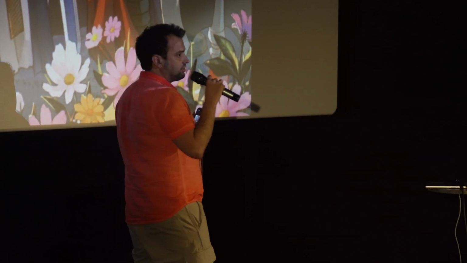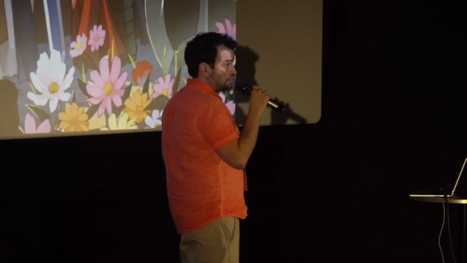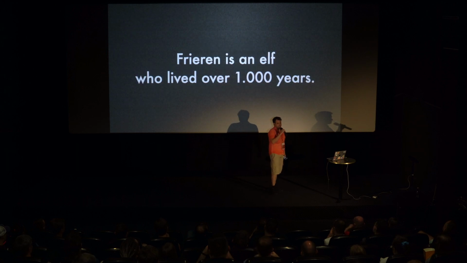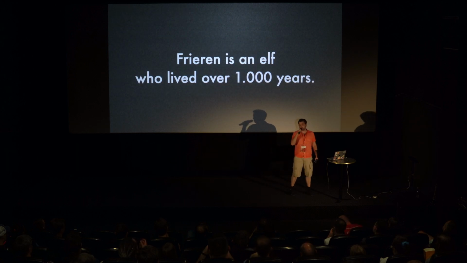Things that didn't matter in the beginning, a discovery is made, and they become very relevant. In the end, it's very similar to how we develop any kind of technology, and particularly software. And honestly, after watching the show, I started to identify with Frieren. In the show, she's an elf that is over 1,000 years old.